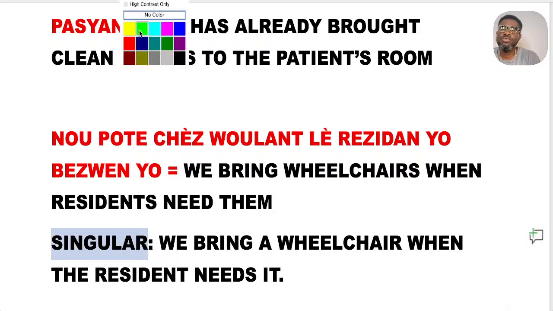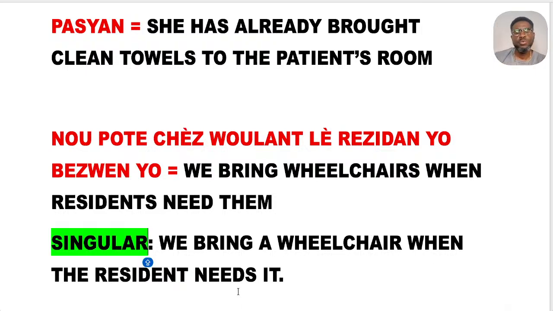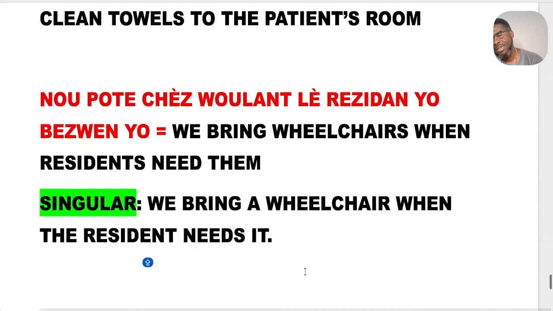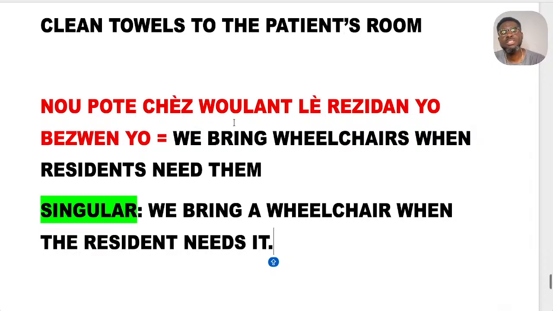Singular: we bring a wheelchair when the resident needs it. And plural: we bring wheelchairs when residents need them. These are things they do habitually, whenever a resident needs a wheelchair, they bring it. So this is the present simple that you always use to say this.